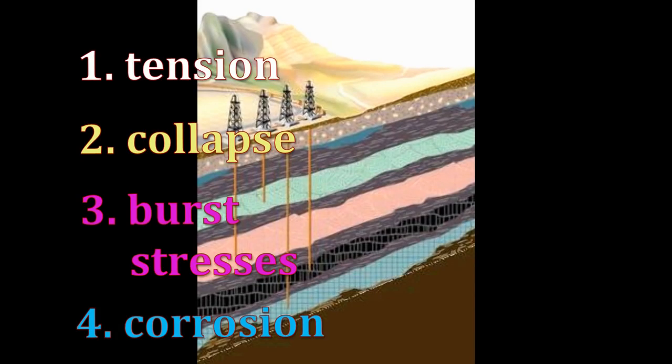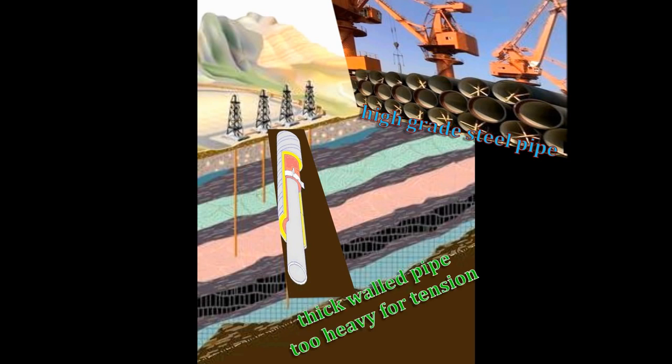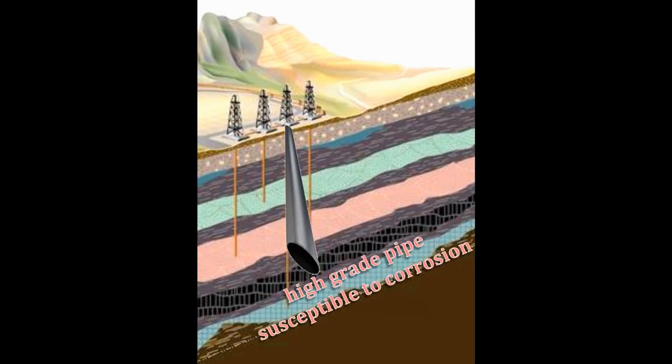The fourth is corrosion. In deep wells, higher grade pipe must be used to get the necessary strength because too thick-walled pipe can be too heavy for the tension. Higher grade pipe, however, is more susceptible to corrosion.